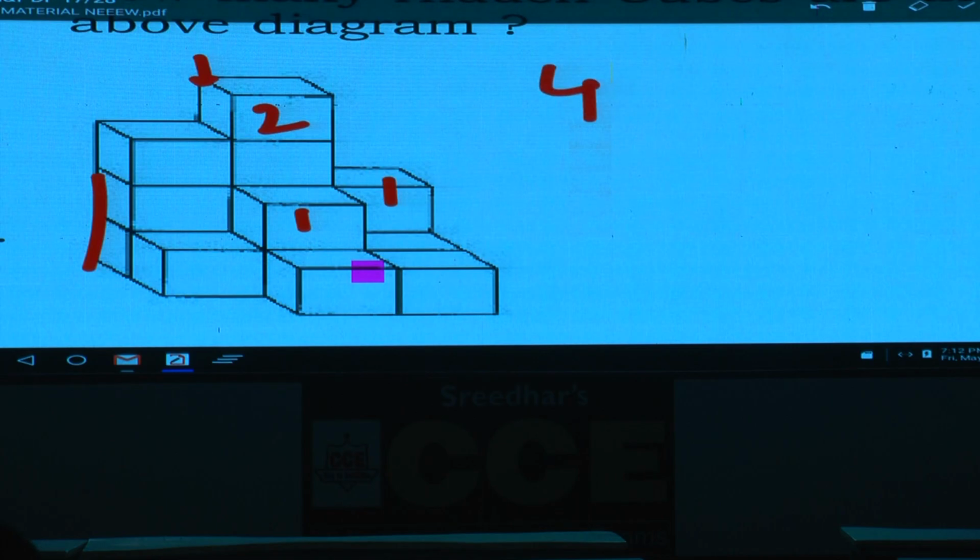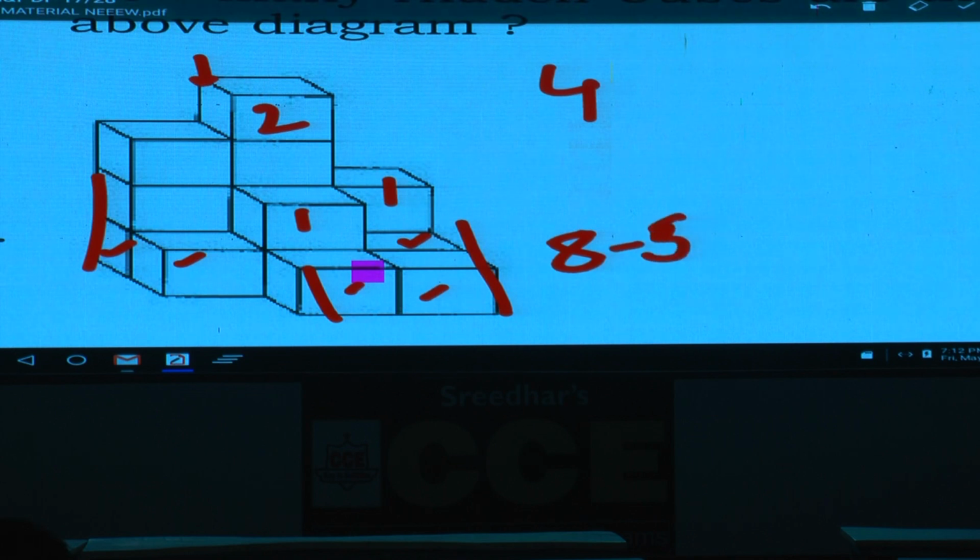Then count the center. Now in the center, along this one, there are 3. Along this line there are 3. Here there are only 2. And total how many are there? 8 were there. Out of these 8, 1, 2, 3, 4 and 5 can be seen. And how many cannot be seen? 5 were seen and 3 were hidden.